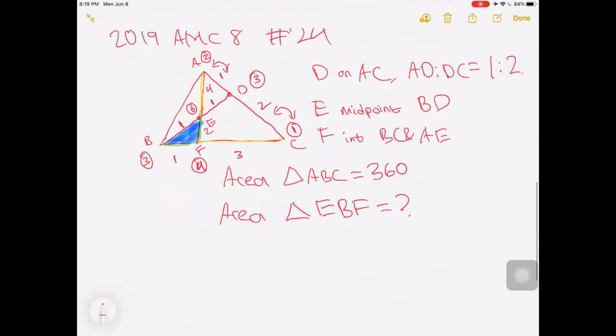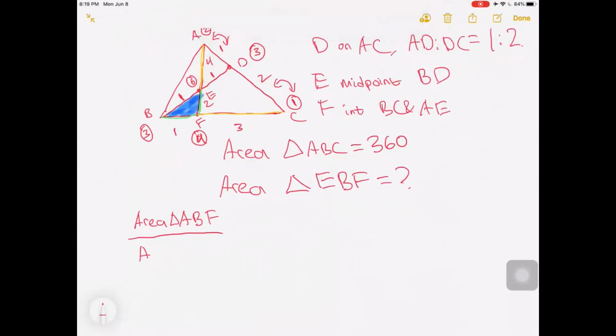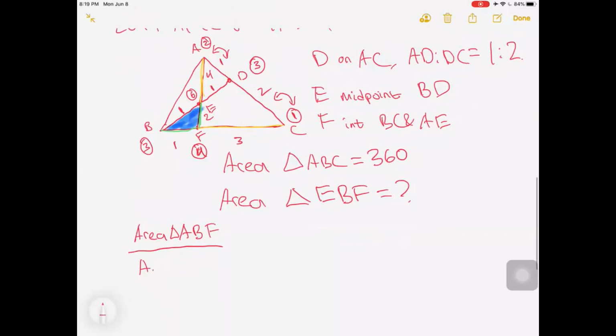So for example, if we find the area of triangle ABF divided by the area of triangle ABC, this is just equal to the side length of BF over BC, which is just equal to 1 divided by 4.